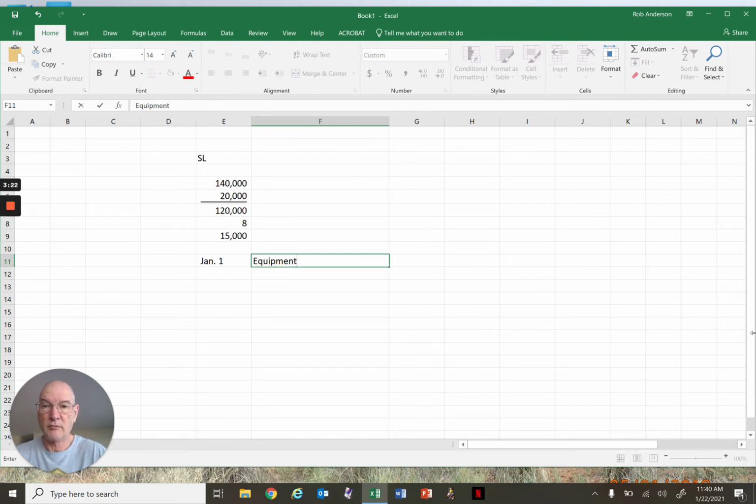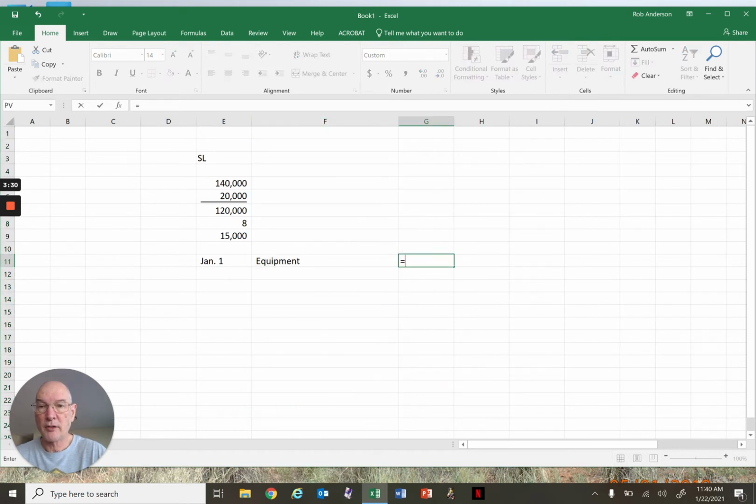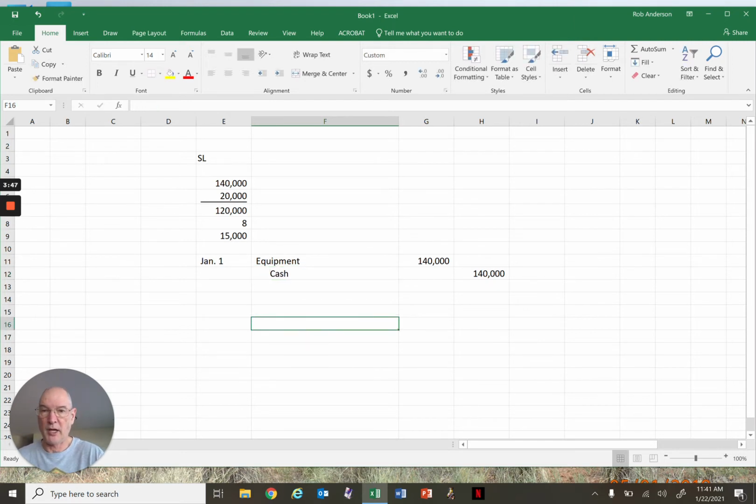We're going to debit our equipment for the purchase price of $140,000. And of course, we don't know how we're paying for it, but let's say we paid cash. So here we can credit cash.